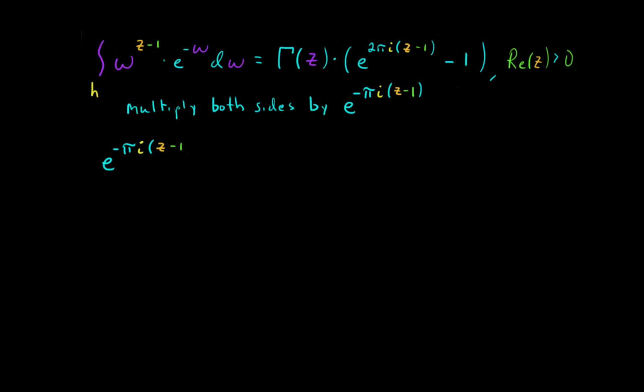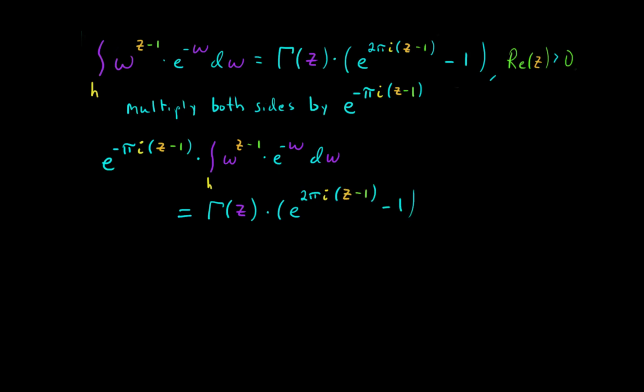So if I multiply both sides by e to the negative pi i times z minus 1, I get e to the negative pi i times z minus 1 times the contour integral over little h, the limit contour, of w to the z minus 1 times e to the negative w dw equals gamma of z times, open parenthesis, e to the 2 pi i times z minus 1 minus 1, close parenthesis, times e to the negative pi i times z minus 1.